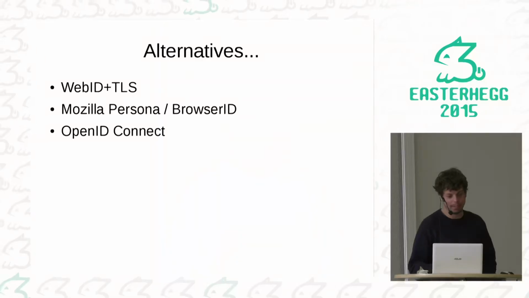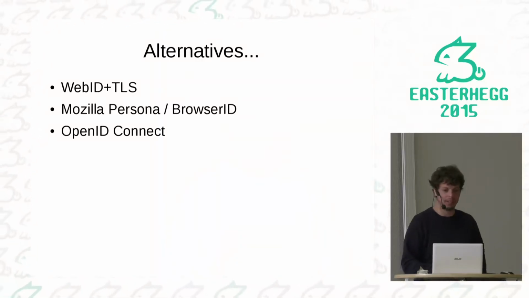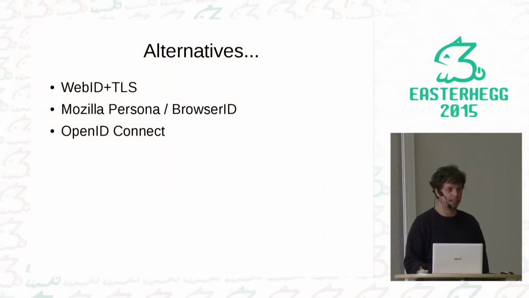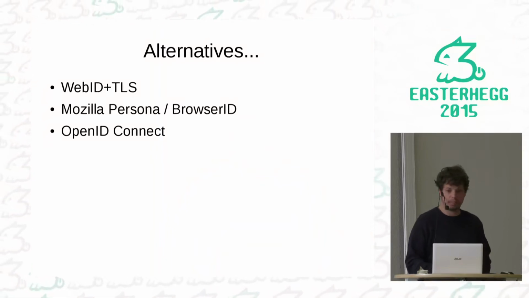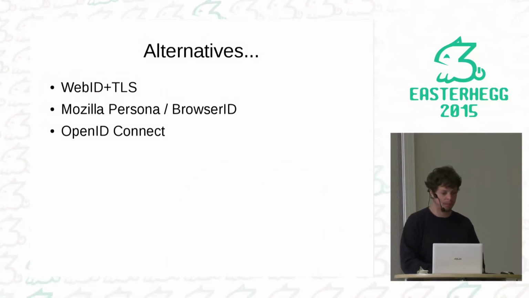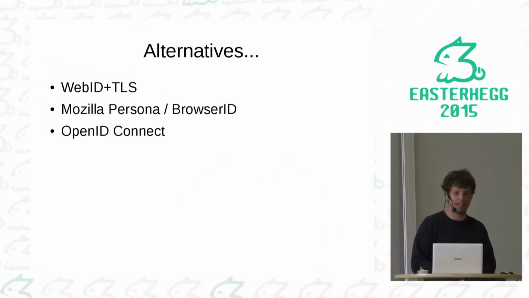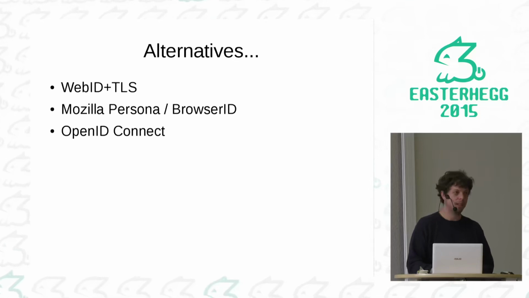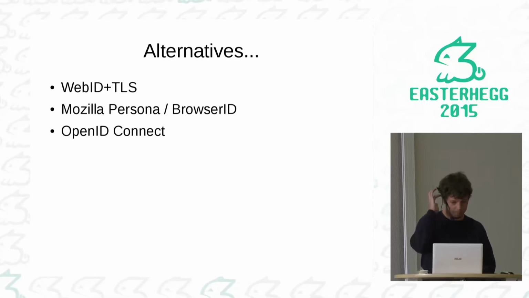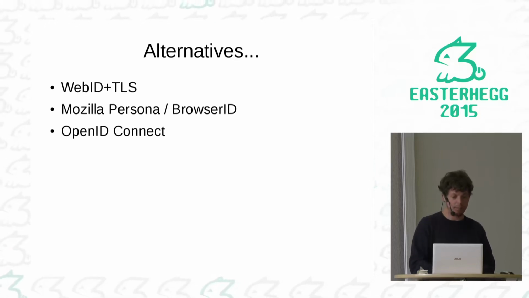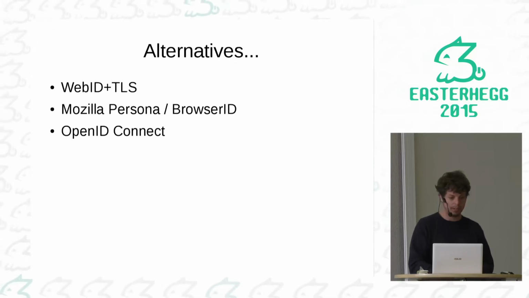Okay, then I'll talk a little bit about alternatives that already existed before this. One of the most promising ones is WebID plus TLS. It's using a similar system. I'll talk a bit more about it in a second.